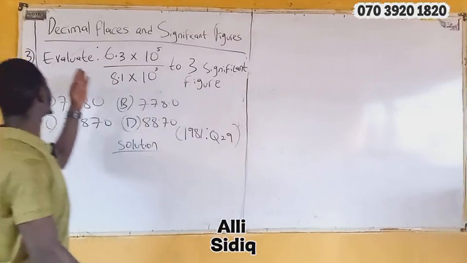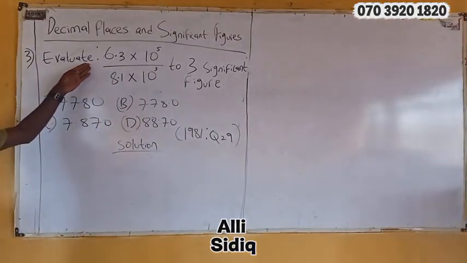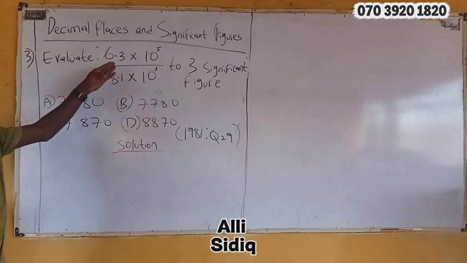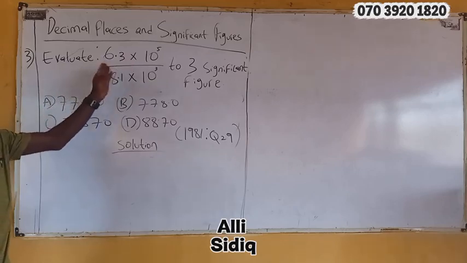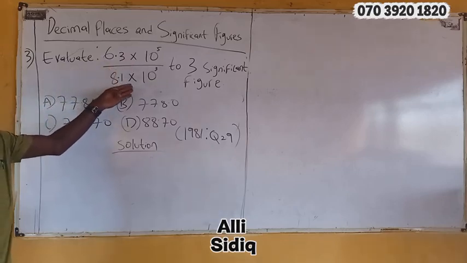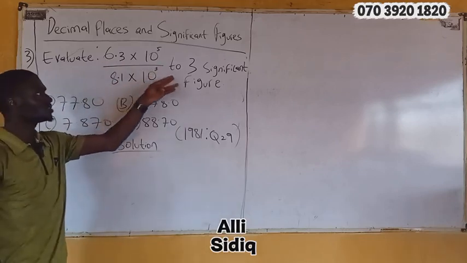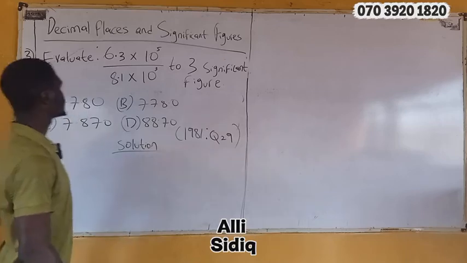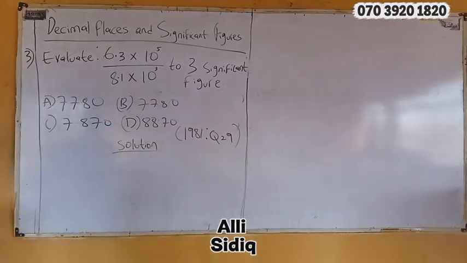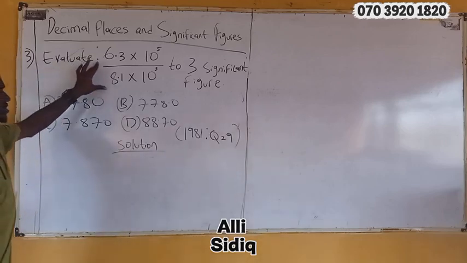And it says, evaluate 6.3 times 10 to the power 5 over 8.1 times 10 to the power 3, to 3 significant figure. So what this question is trying to tell you is, you need to first solve this.